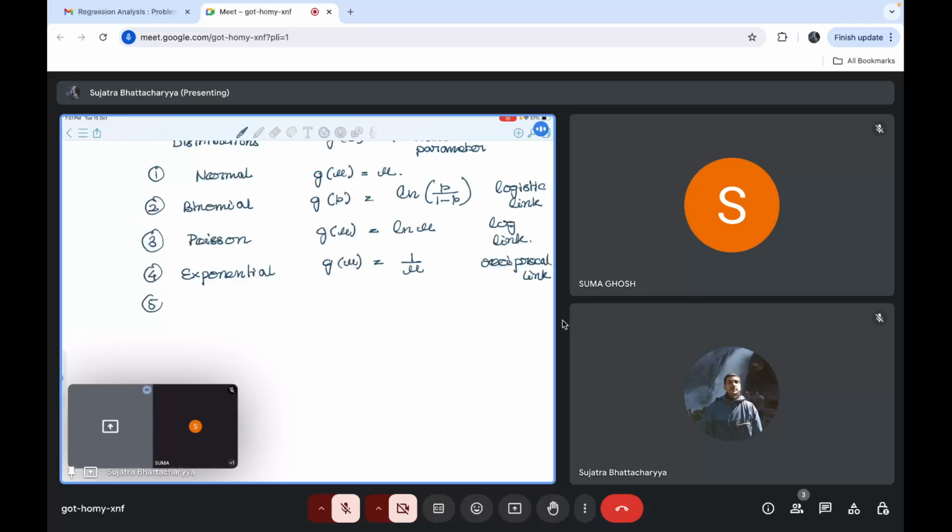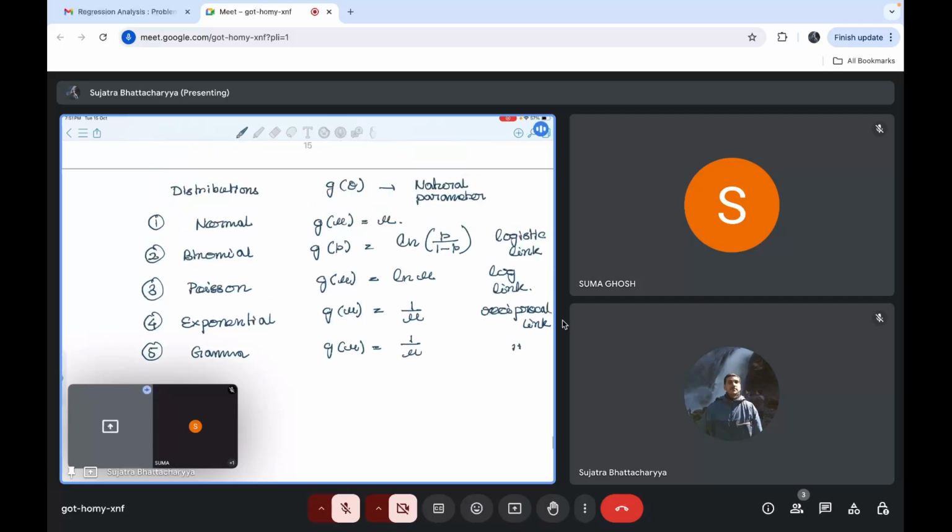And for the fifth, the gamma distribution, g of mu is the same, 1 upon mu. This is also reciprocal. So these are a few distributions and their link functions. This is nothing but the link function. So based on that, you can really solve all the assignment questions, I guess.